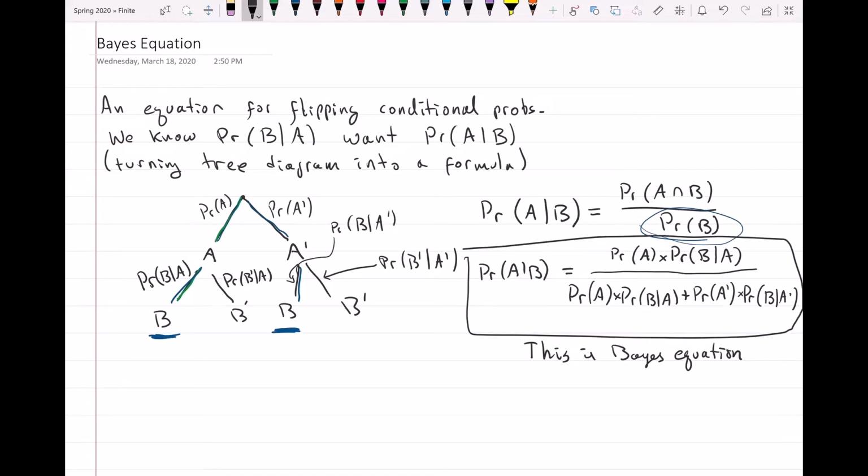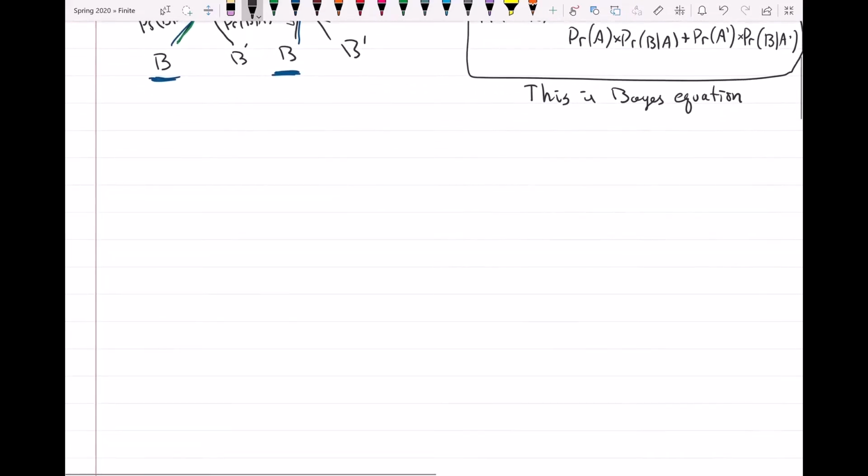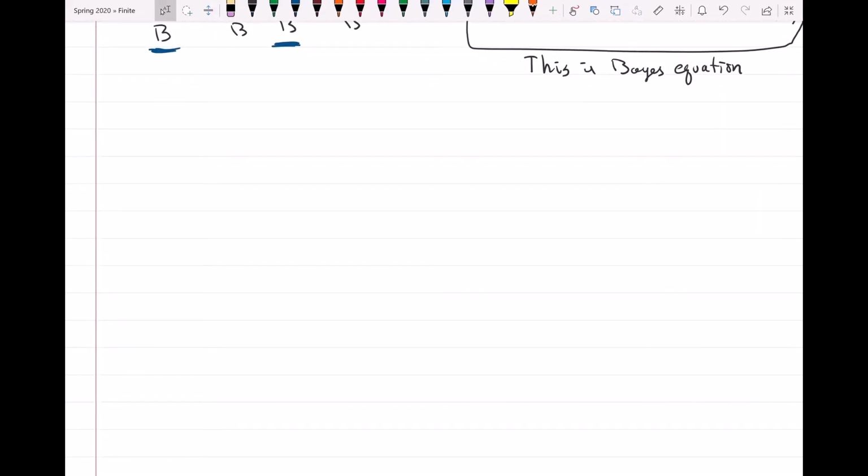A situation where it might be handy is when you have more than two possibilities at first, with many initial possibilities.